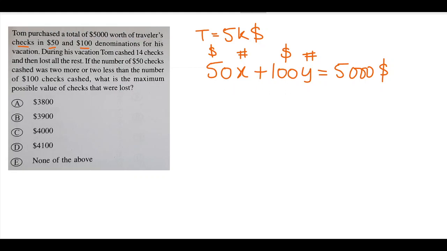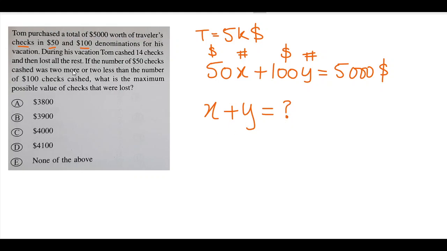Then it says, during his vacation, Tom cashed 14 checks and lost all the rest. So what is going to be the total number of checks? Well, X plus Y is going to give me the total. Let's just call it question mark.